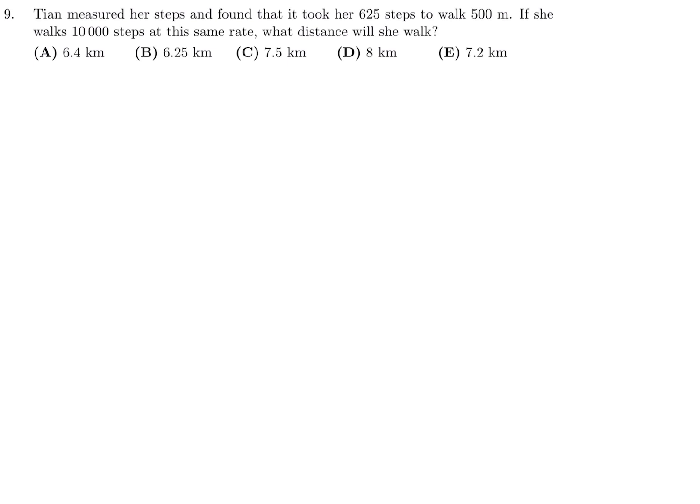Tian measured her steps and found that it took her 625 steps to walk 500 meters. If she walks 10,000 steps at this same rate, what distance will she walk? So 500 over 625 is the equivalent of x, which is what we're trying to figure out, over 10,000.